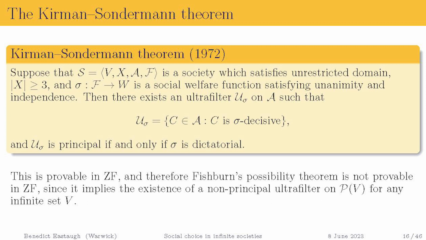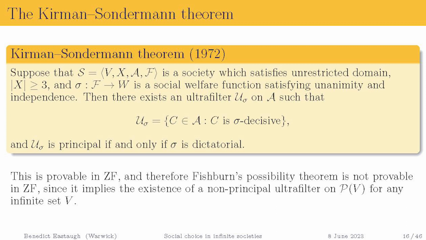And you can prove this in the standard formal theory for formalizing pretty much all of mathematics, Zermelo-Fraenkel set theory, ZF. And this shows, by an argument that I won't give, that Fishburn's possibility theorem is not provable within that system. It's genuinely non-constructive in the sense that it goes outside this system because it implies the existence of what's called a non-principal ultrafilter, one that's not generated by a single element.